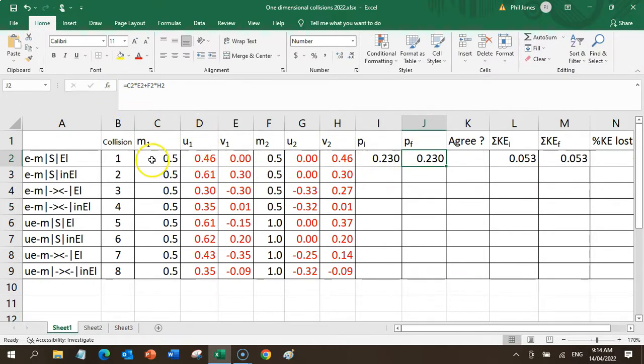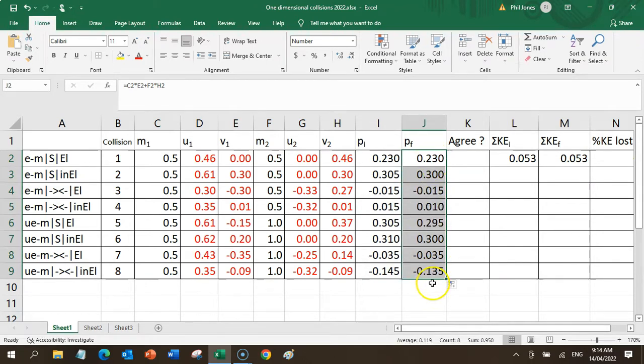We're going to multiply the mass times the final velocity and the mass times the final velocity. So once we've got those formulas in these cells, we just need to fill down, and that puts that formula into each of these cells and gives us the initial momentum. And pulling this one down, we get the final momentum.